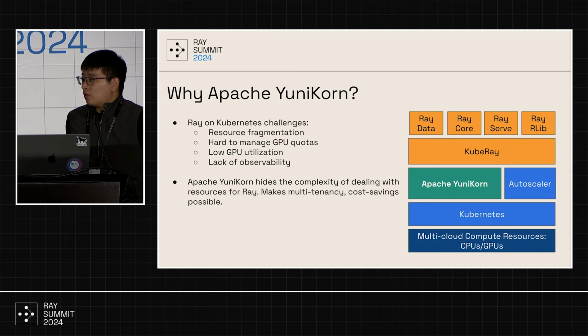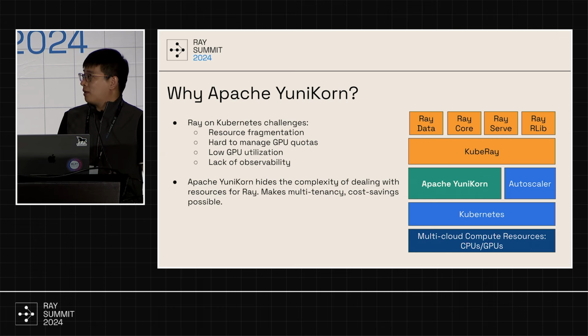And why are we choosing Apache YuniKorn? Apache YuniKorn is a Kubernetes resource scheduler, and when we run Ray on Kubernetes, we see a lot of challenges. One of the most important is resource fragmentation. Different GPU nodes are not fully utilized because fragmentation happens here and there, and it's also very hard to manage GPU quotas.